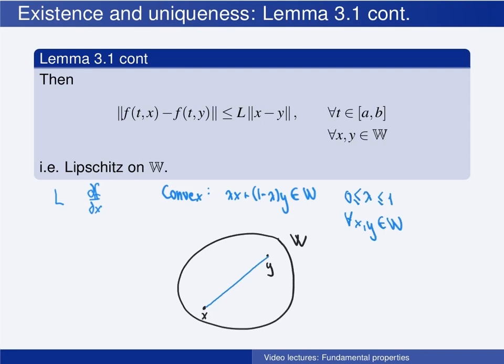Such a line segment is described by lambda x plus 1 minus lambda times y, where lambda varies between 0 and 1.